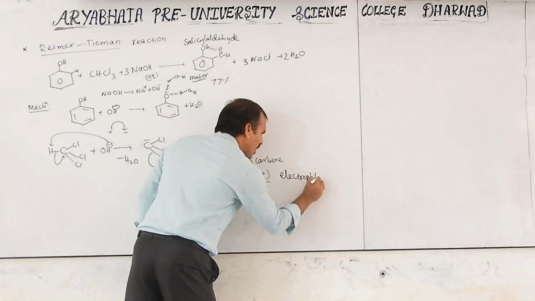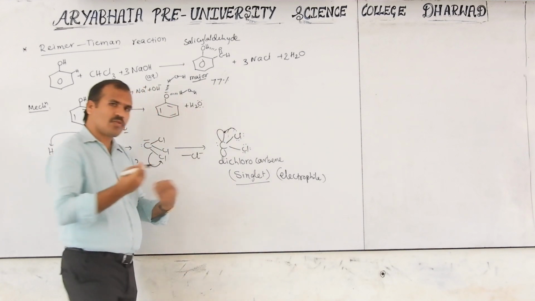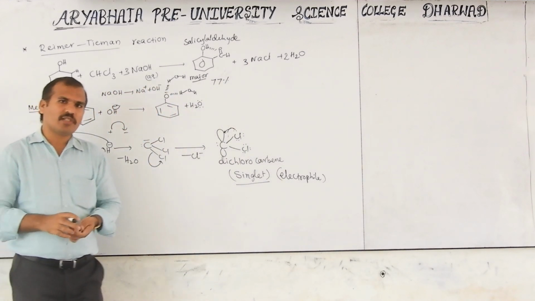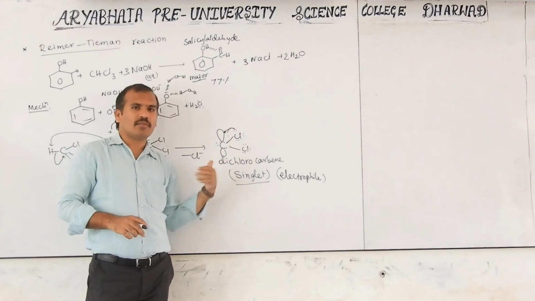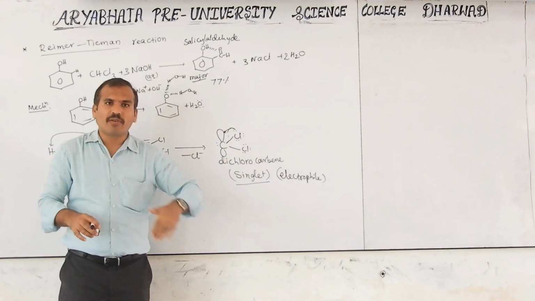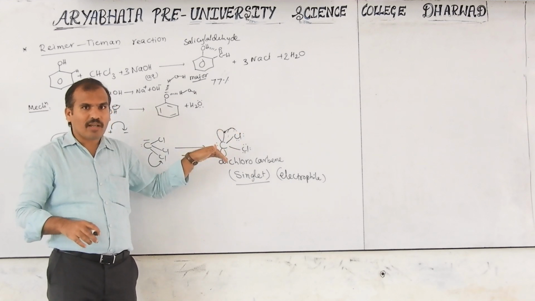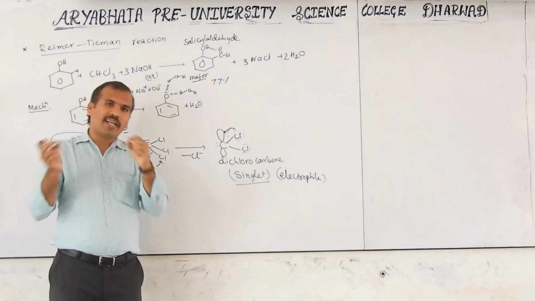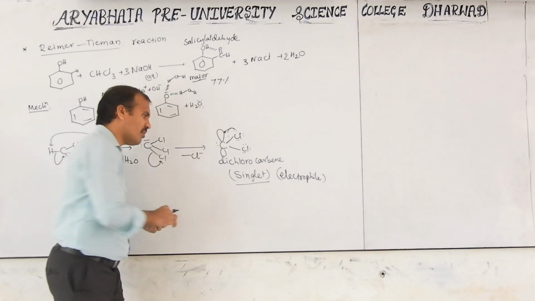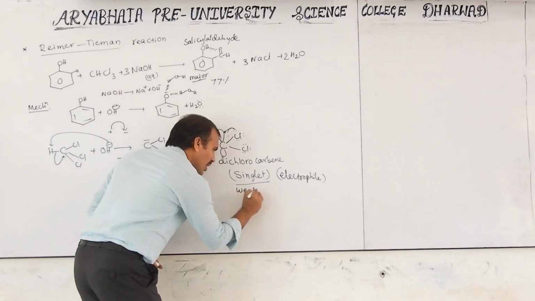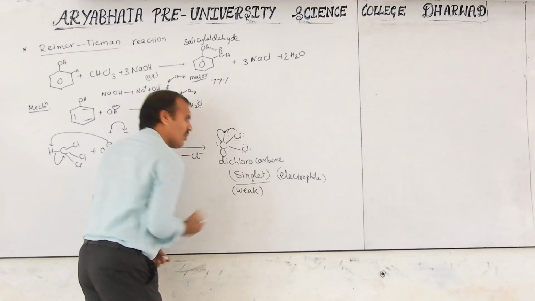Electrophile means what? Electron deficient. Then strong electron deficient or weak electron deficient? Weak one. Because this lone pair is already taken from the side atom, there is no need from the other atom. Somebody is already giving here. Somebody gives, it also takes, but not that much. That's why it is called a weak electrophile.